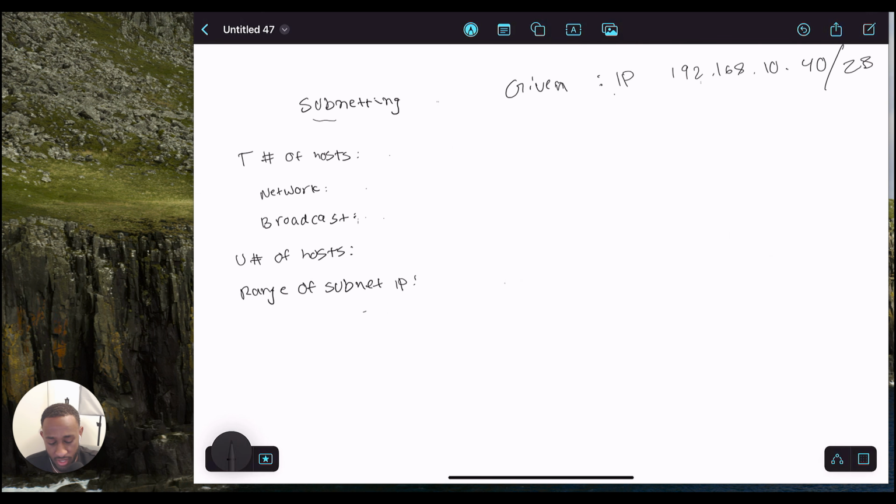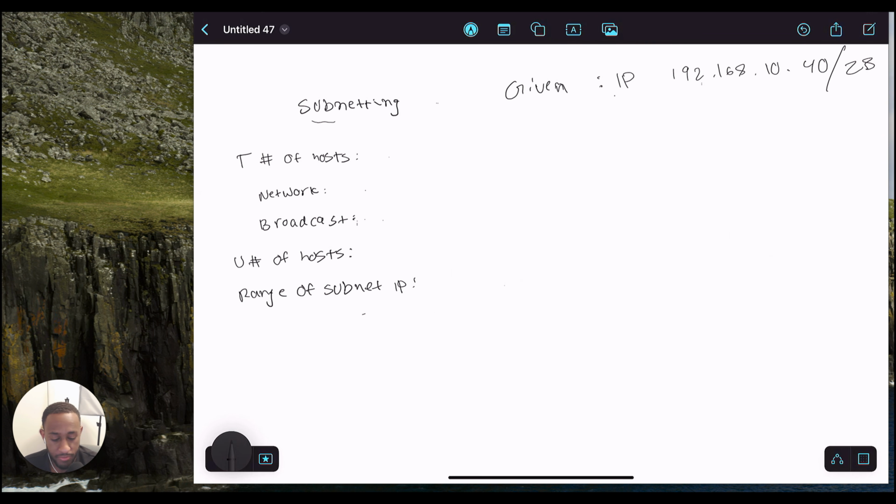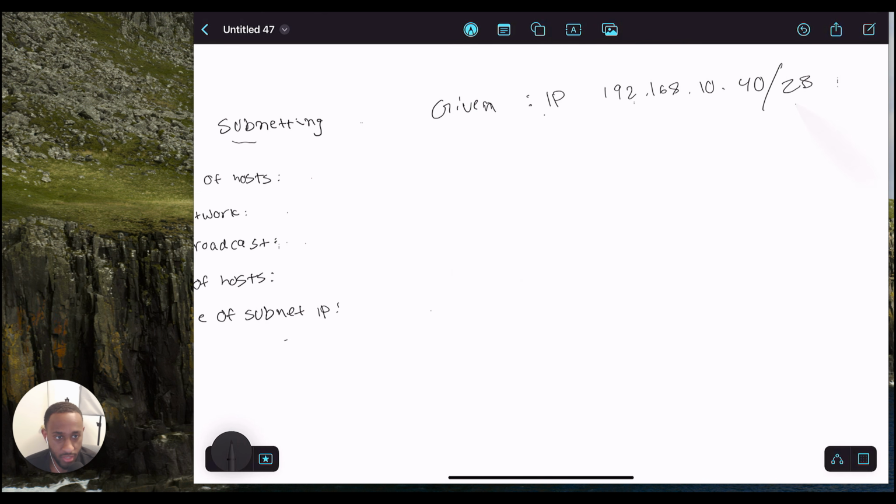All you've got to do is this simple formula. Let's look at the subnet mask that you're given. We're given a slash 28. This example is for class C addresses, so 32 is the number we're going to be subtracting from.